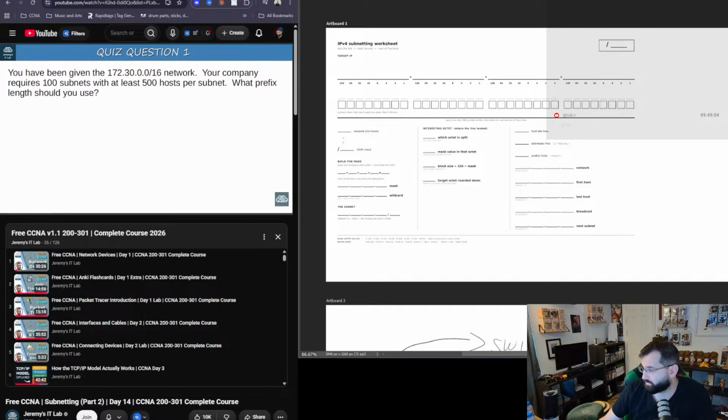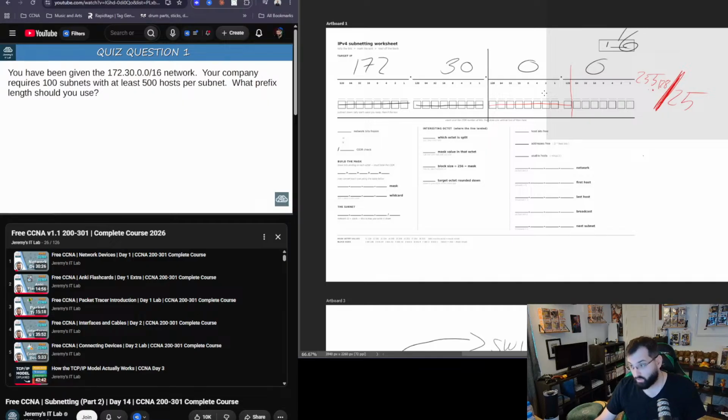Let's look at it. If I'm calculating this correctly, that should be 2 to the power of 9, right? You're correct, which would be 512 addresses. So then it needs to be /23.